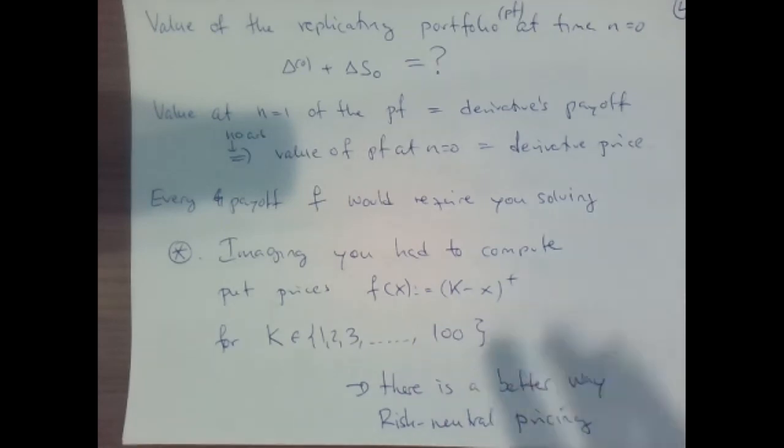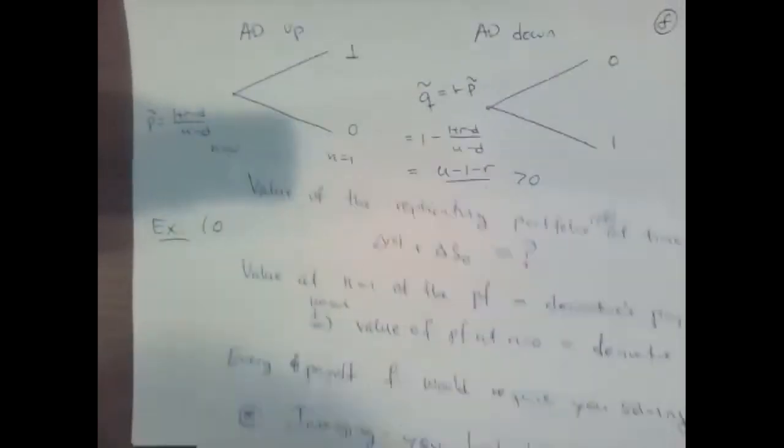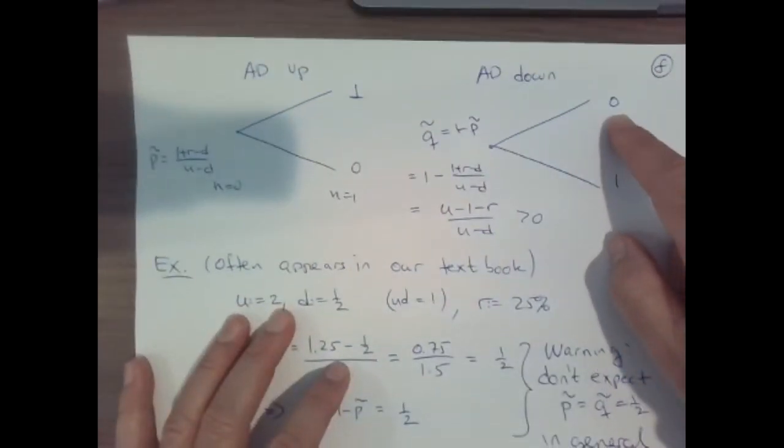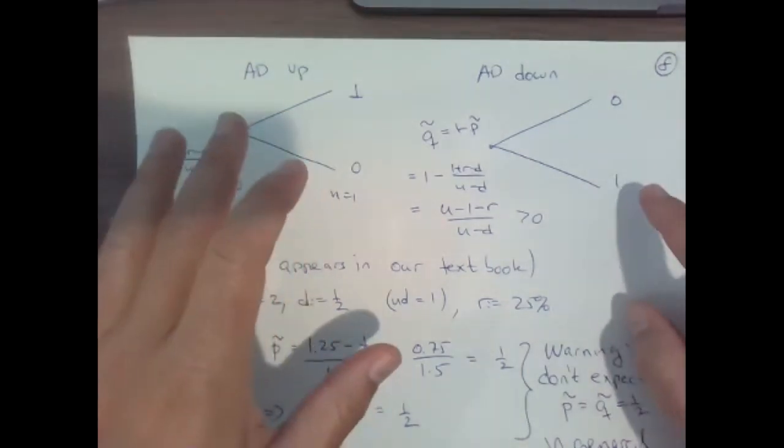And so this is what I will do now. There's a reason behind the madness. Why is this particular way of doing AD securities, how is this going to help us price these derivatives? Yeah, because right now it just seems like, why not put something else here? Why not put 5 and 4? Why these ones?